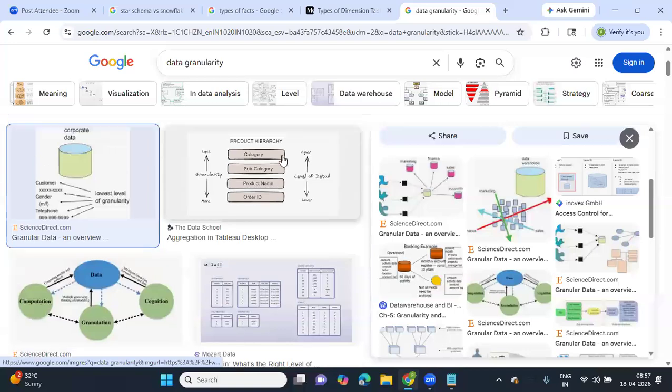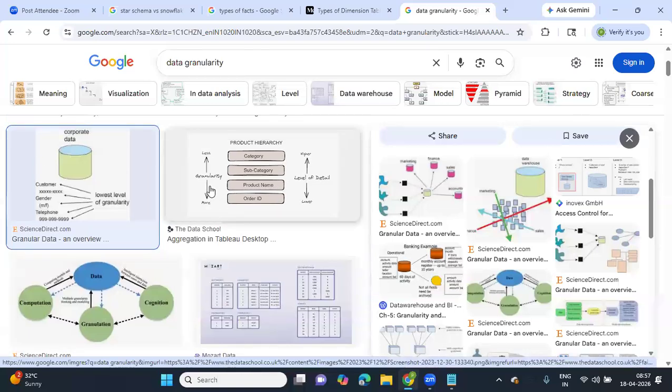See what this is doing. Granularity: order ID, product name, subcategory, category. What is this level of detail? If you talk about an e-commerce website maintaining order details, order ID is the minimum level of information because each order ID is a separate transaction itself.